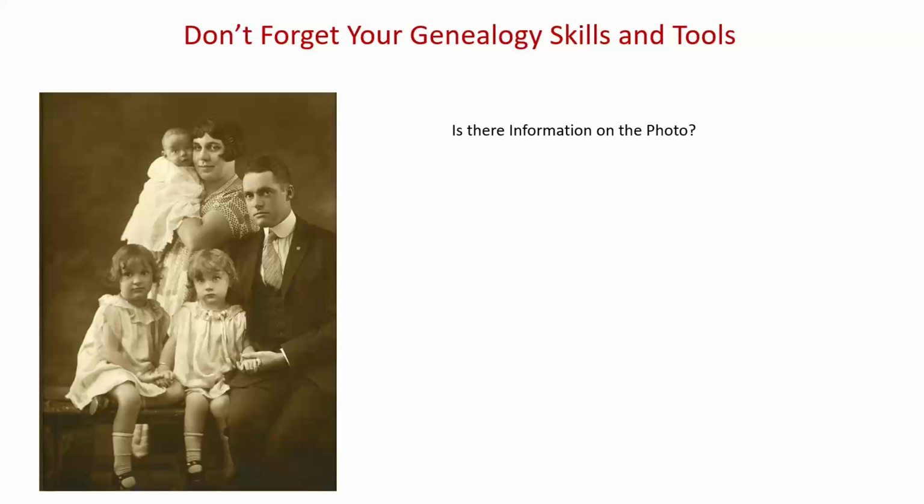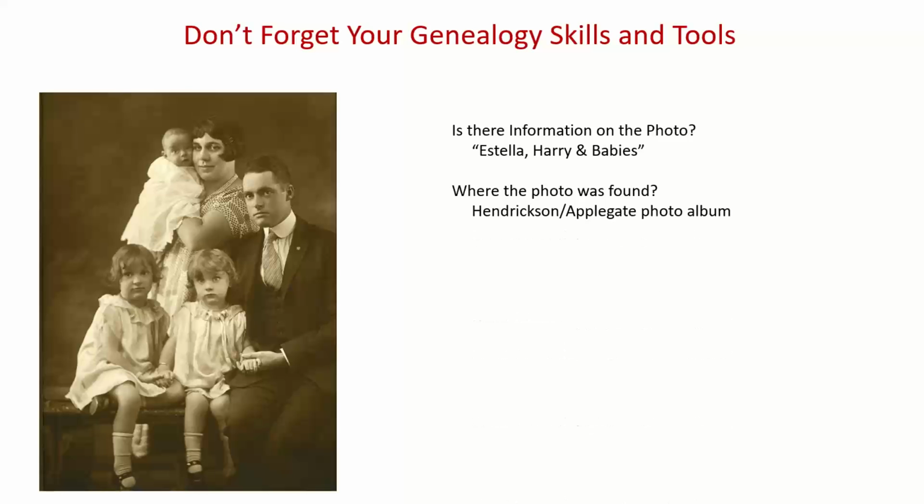So the first thing we checked: is there any information on this photo? And there was. It says Estelle, Harry, and the babies. That's some very useful information, although it doesn't identify the photo. What did help was where the photo was found. In this case, we found it in some photo albums out of my wife's mother's house, and that's our Hendrickson Applegate line from New Jersey.